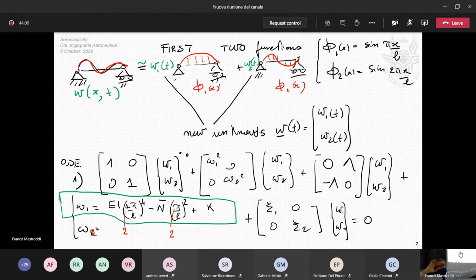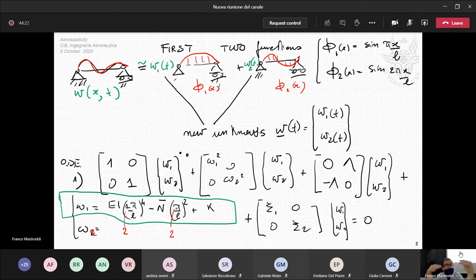If you push your beam, this frequency is currently decaying because of buckling, because buckling perturbs the dynamic frequency and makes the structure flexible and flexible and flexible. So flexible as to cancel the stiffness.